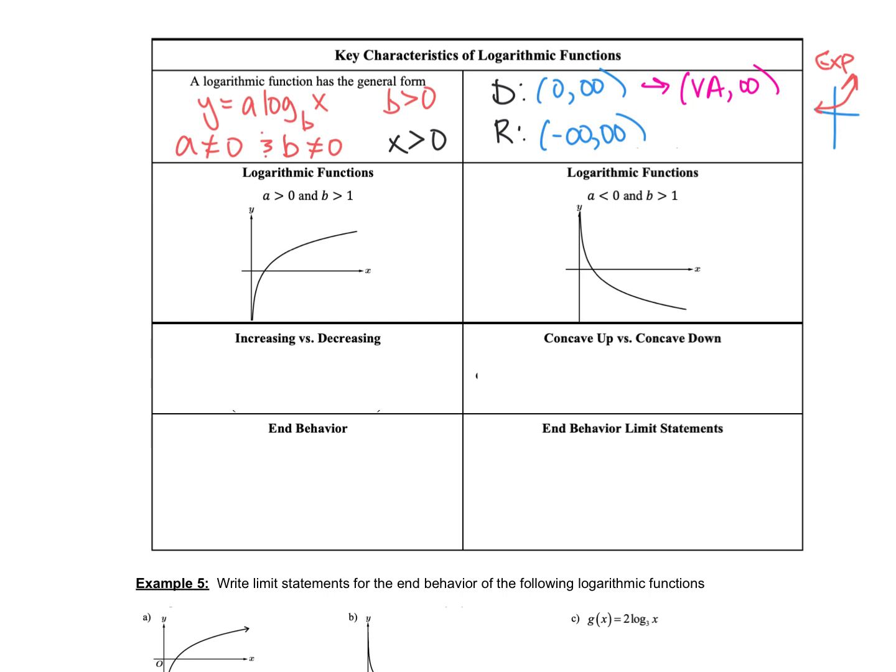Now, just like exponential functions, logarithmic functions always increase or always decrease. They never switch. So there are no relative extrema.